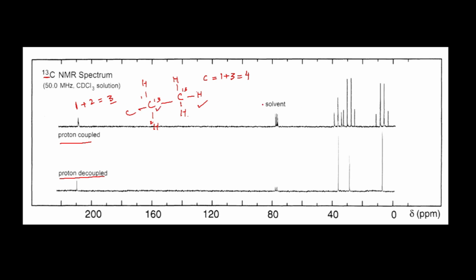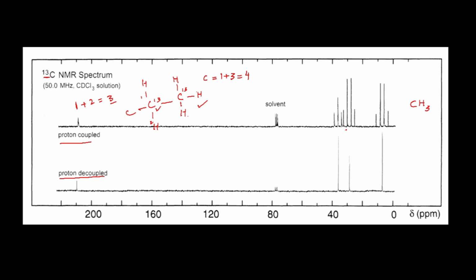It means that a peak shown here in the proton coupled spectrum is due to carbon 13 coupled with its attached protons. Actually here we are getting a quartet. It means there is one carbon attached with three H atoms, so this peak is due to the CH3 group.